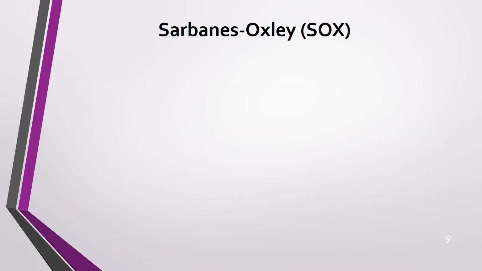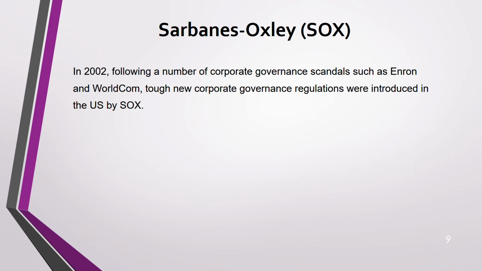Now, let us go to the Sarbanes-Oxley, the second part. Before we understand what it is, let us go to the background of why this act came into the picture and when. Okay, it came in 2002. Before 2002, there was no Sarbanes-Oxley Act in the US. It was introduced in the US in 2002.